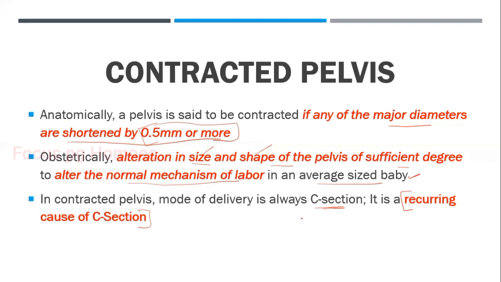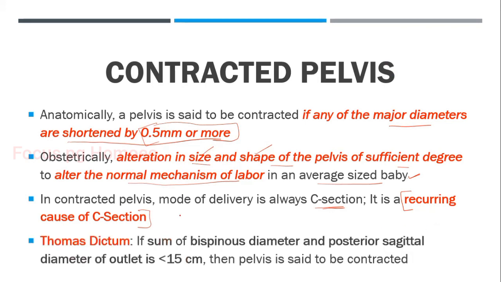But clinically, if we have to see which condition goes to C-section recurrently, that is contracted pelvis. So this can be a question: which is the recurrent cause of C-section? It is contracted pelvis. And there is something called Thomas dictum. This is a way to know if a female has a contracted pelvis or not.